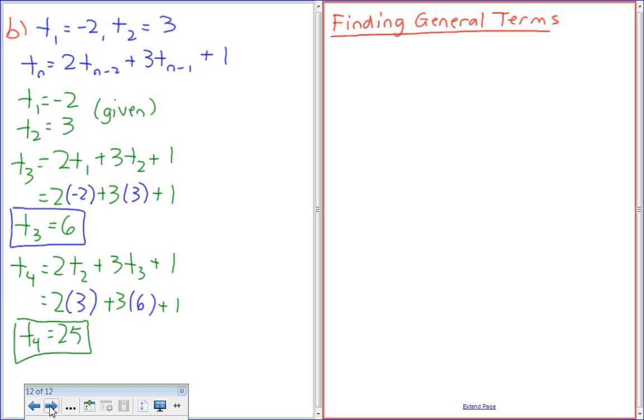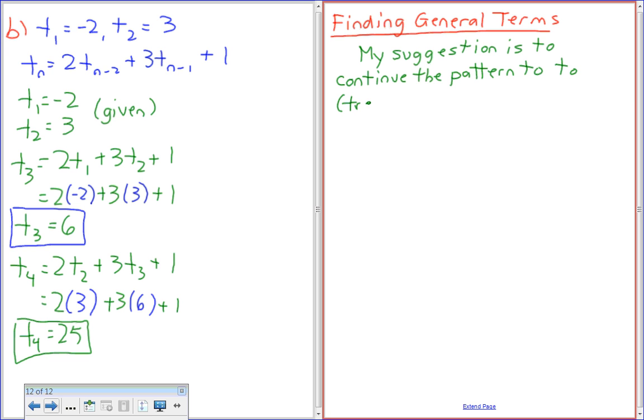My suggestion is to continue the pattern. To T0, treat it like y in. Okay. So what we're going to do is I'm going to give you a few equations. We're going to try and make the general term.